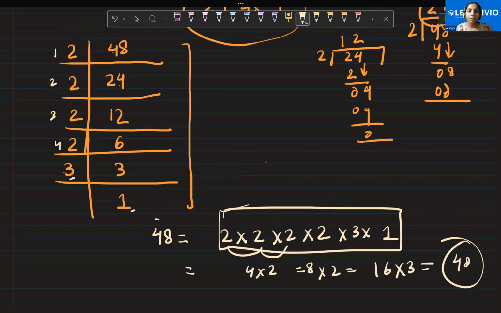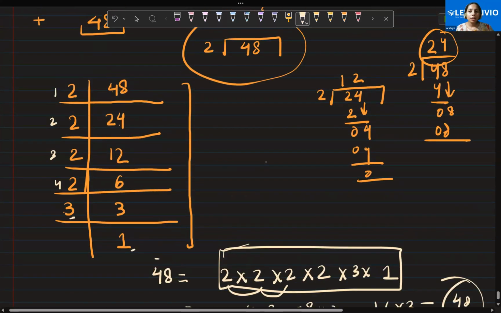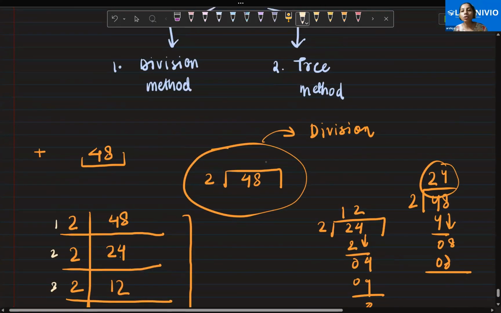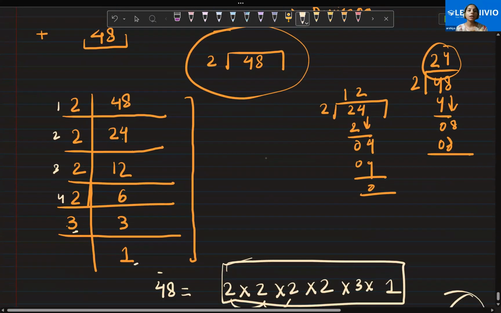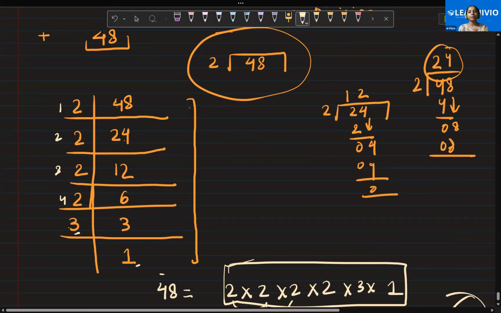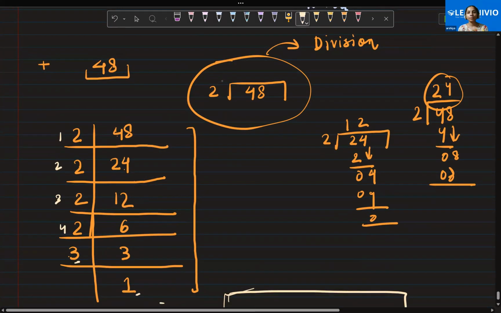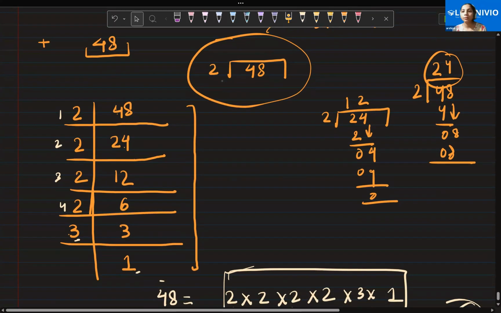Okay, is it clear? Any doubts? Yes, ma'am. I'll explain one more and I'll explain this in the tree method also. But first write this down.